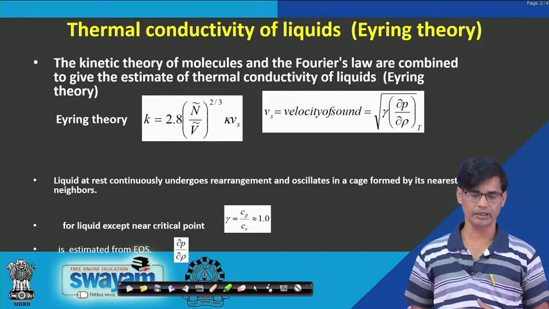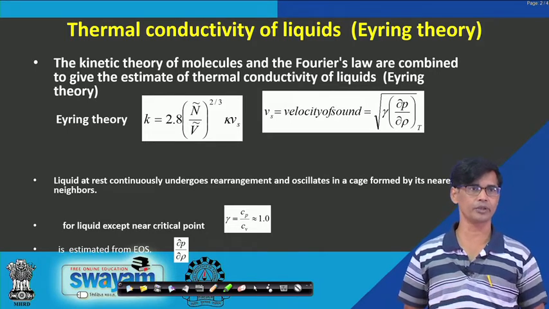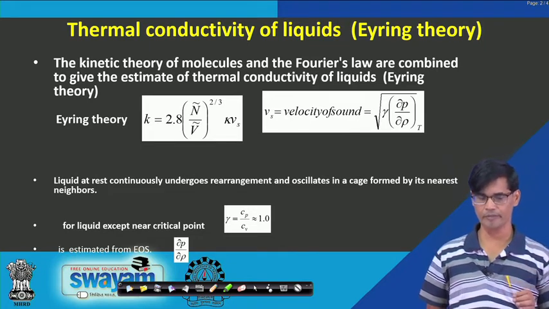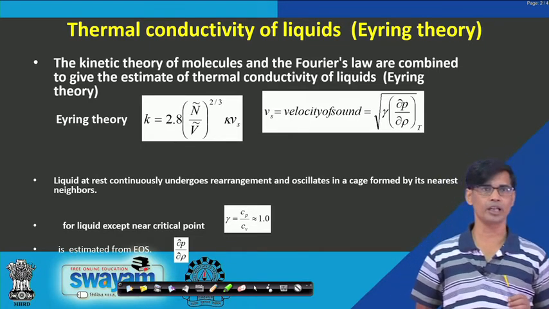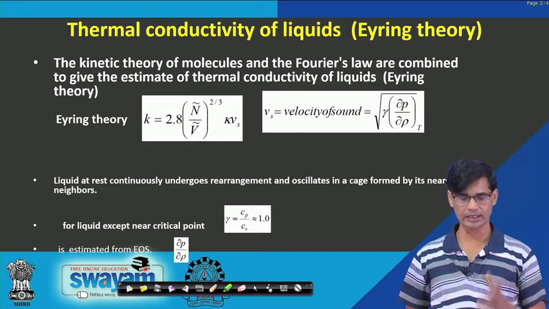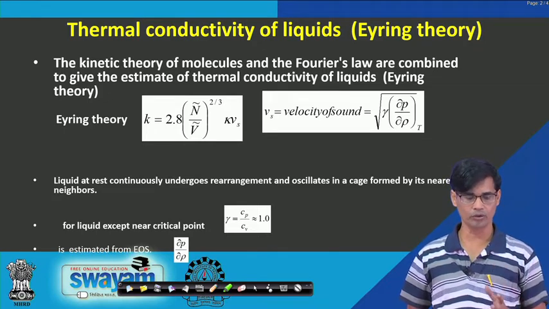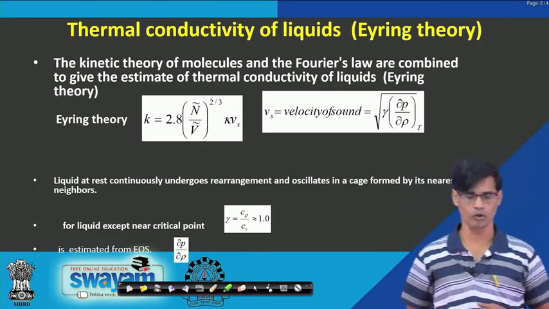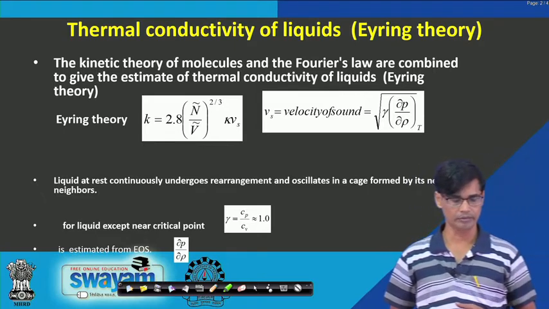Like in the previous case of solid, we can find the thermal conductivity by applying only the Fourier law, but in case of liquid and gas or vapor, whatever it is, we have to apply both the kinetic theory of molecules and the Fourier law to find out the thermal conductivity.